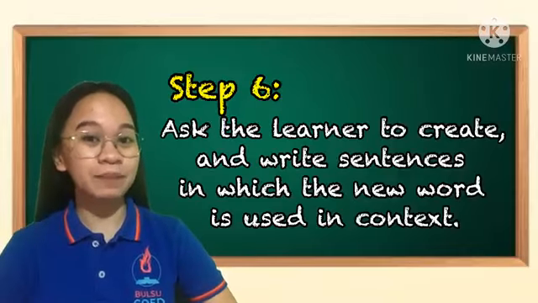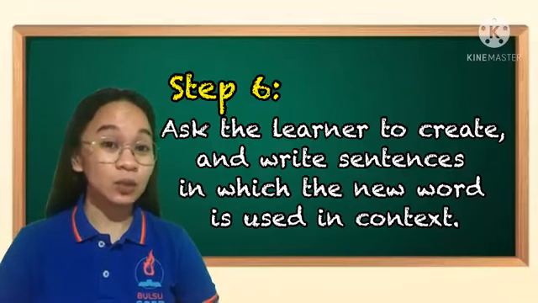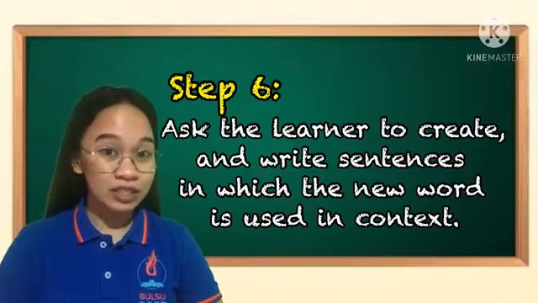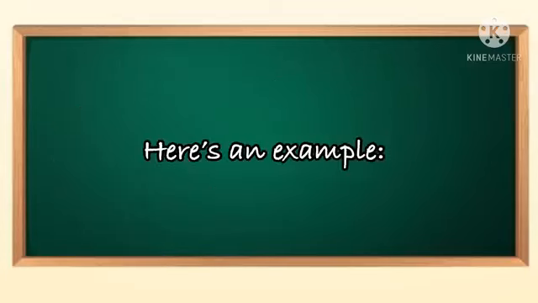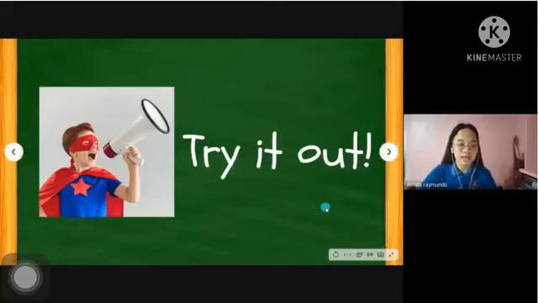For the final step, ask the learner to create and write sentences in which the word is used in context. Since you know already what the word villain means, I'd like you to create a sentence for me. Can you do that, Daphne? Can you try? Okay.